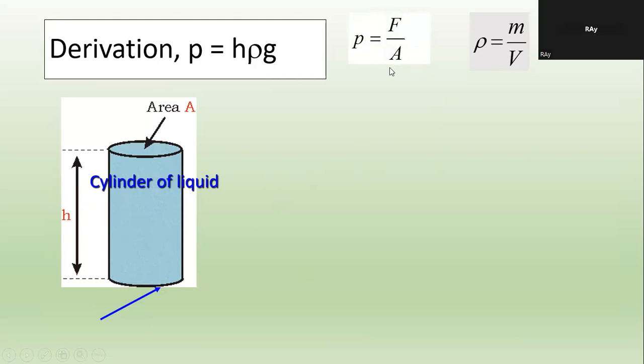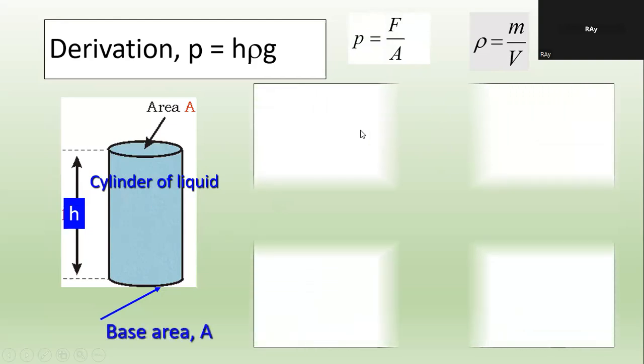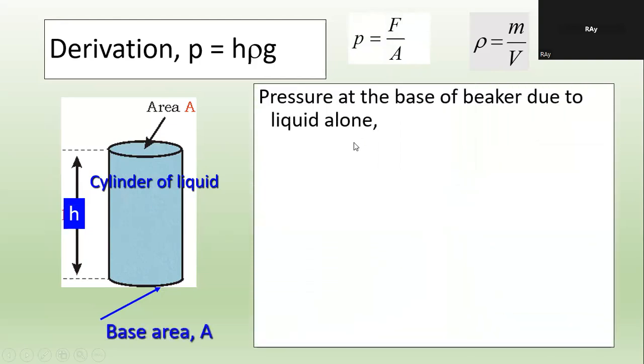That's our definition for pressure. Pressure at the base, at the bottom of the beaker, due to the liquid alone. Volume of the liquid is the cross-sectional area at the base times the height.